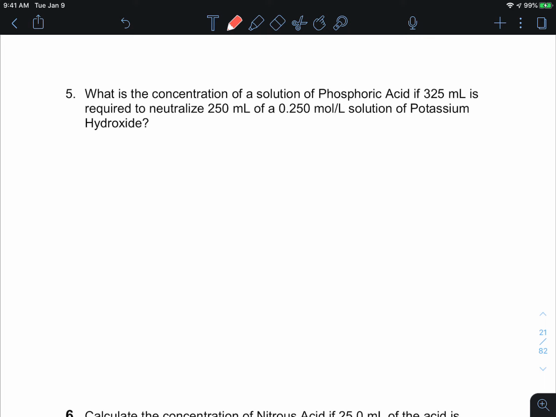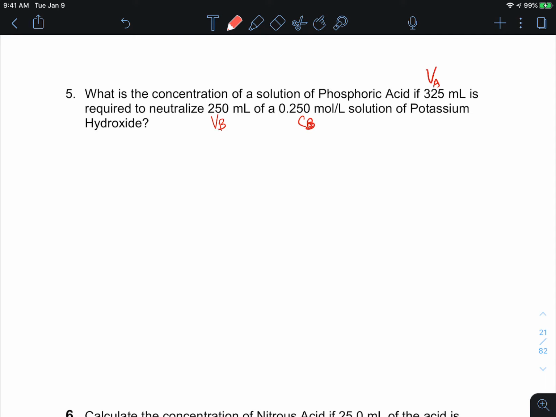So what is the concentration of a solution of phosphoric acid if 325 mL, so that's the volume, is required to neutralize the base solution of potassium hydroxide? This is the concentration of base.